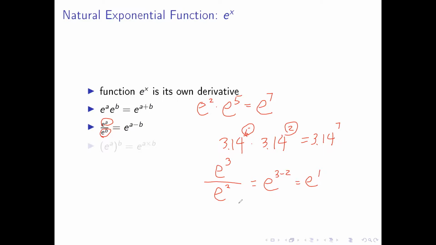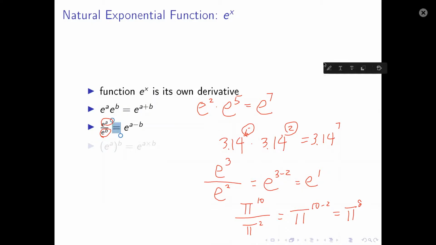Pi raised to the power of 10 divided by pi raised to the power of 2 equals pi raised to the power of 10 minus 2, which is equal to pi raised to the power of 8. Okay, so this is called the division rule.